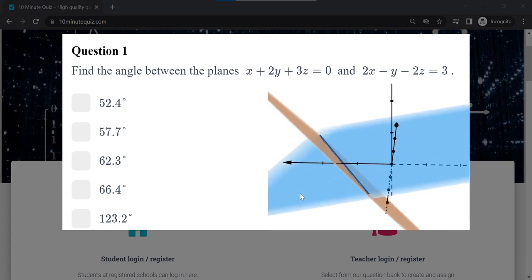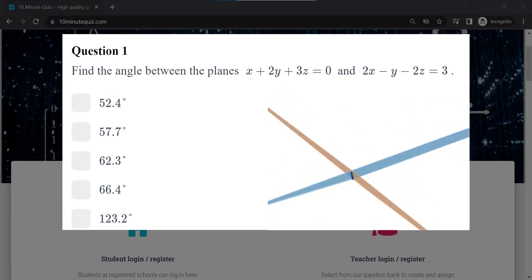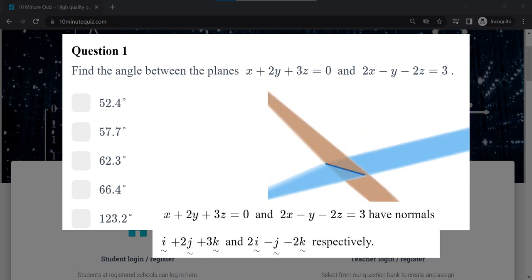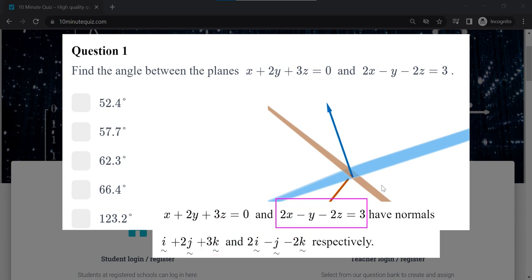So if we hide the axis, it'd probably make the planes a bit easier to see. And remember, the key thing is we need to find the vectors that are normal to each plane. And from the forms that we're given, that's quite easy. x plus 2y plus 3z is normal to 1i plus 2j plus 3k. And 2x minus y minus 2z is normal to 2i minus j minus 2k.